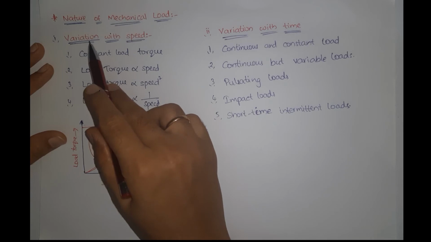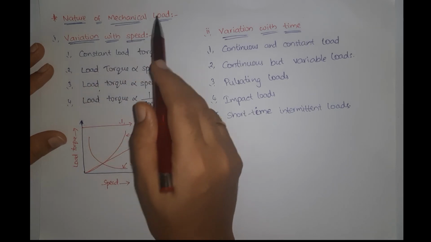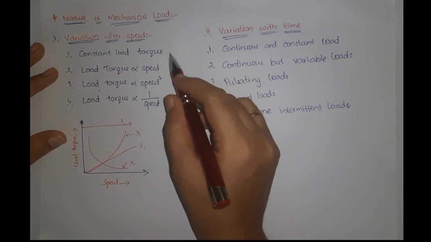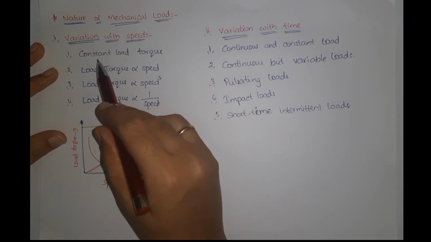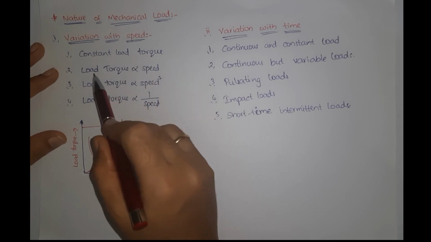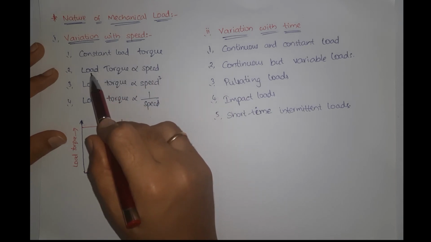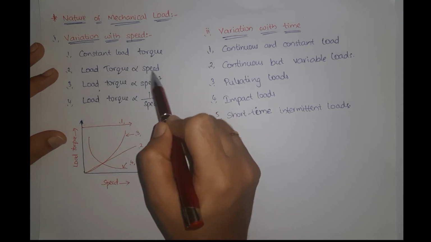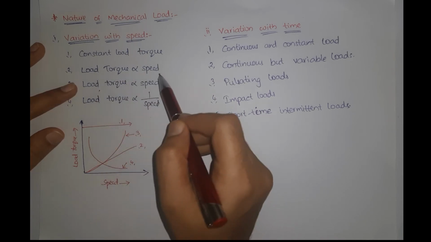Depending upon the variation with the speed of a mechanical load, these many categories are there. The load may be a constant load torque, right? Or it can have a load torque that varies with speed, where if the load torque increases, the speed also increases.